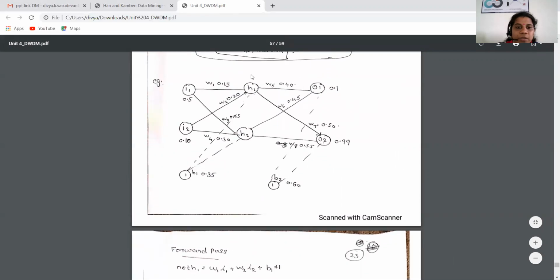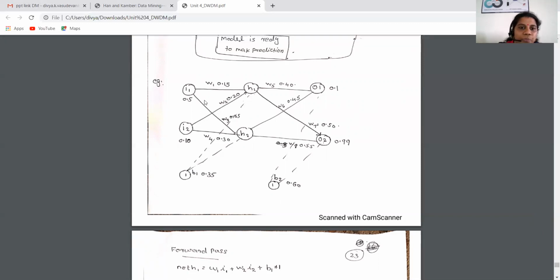See, this is the way to calculate. Net H1 is equal to: I1 is coming to H1. Similarly, this I2 is coming to H1, and this B1 is also coming to H1. So W1 into I1 plus W2 into I2 plus B1 into 1.